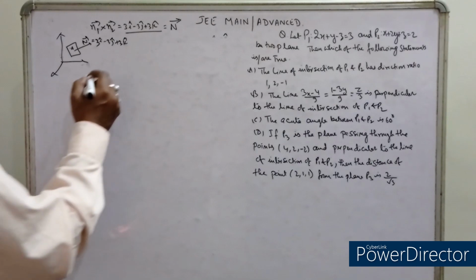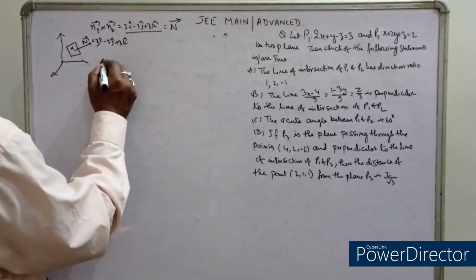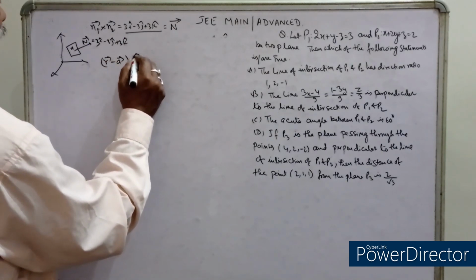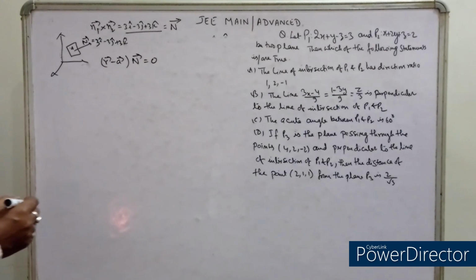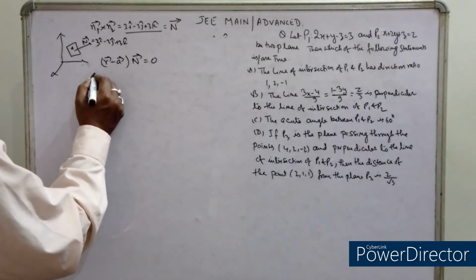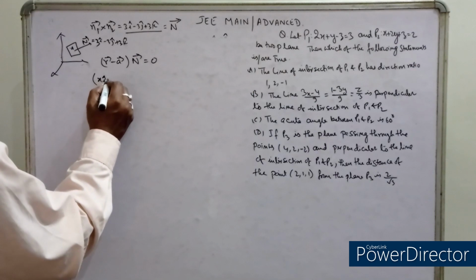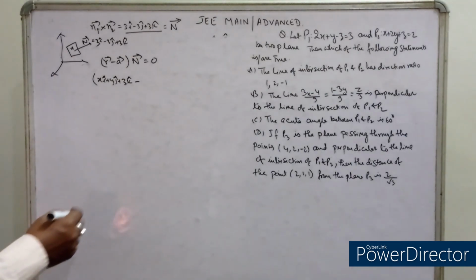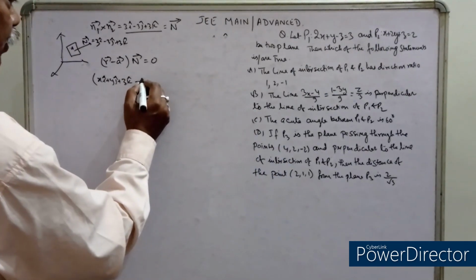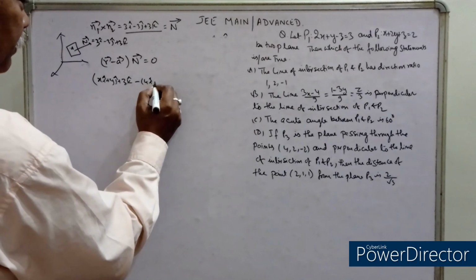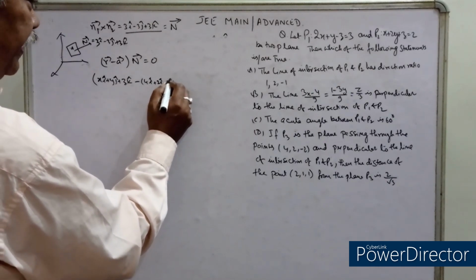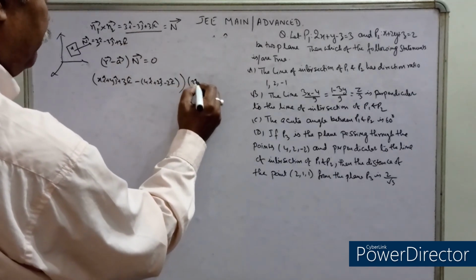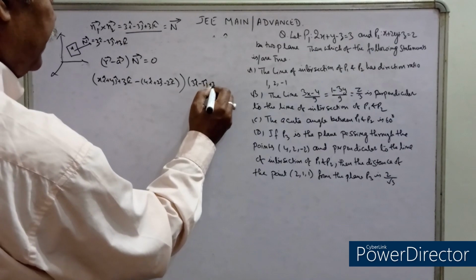So the equation of the plane as per this data is (r vector minus a vector) dot n vector equal to 0. So here your r vector is x i cap plus y j cap plus z k cap, and your a vector, you're passing through this, is 4 i cap plus 2 j cap minus 2 k cap, and your n vector is 3 i cap minus 3 j cap plus 3 k cap.